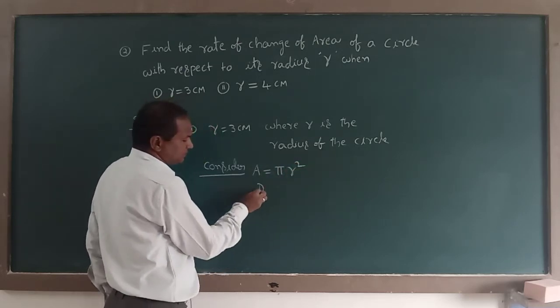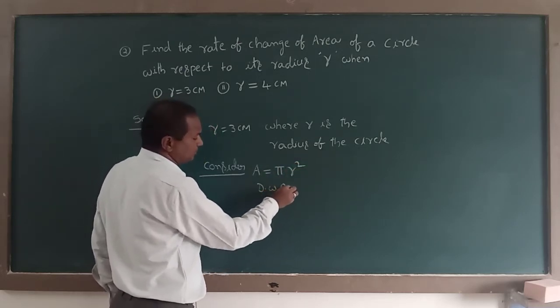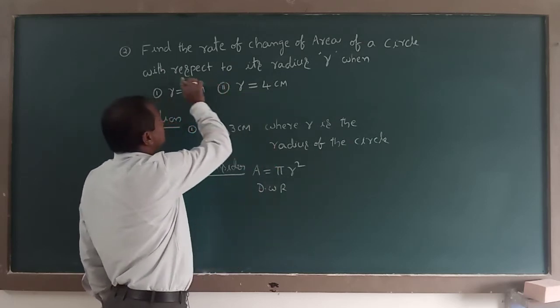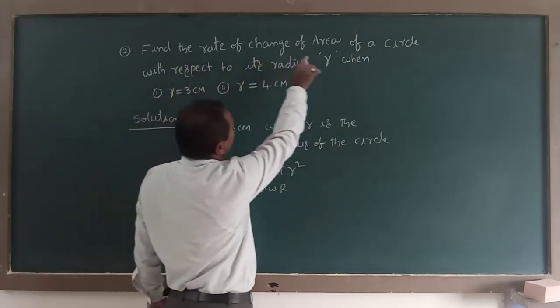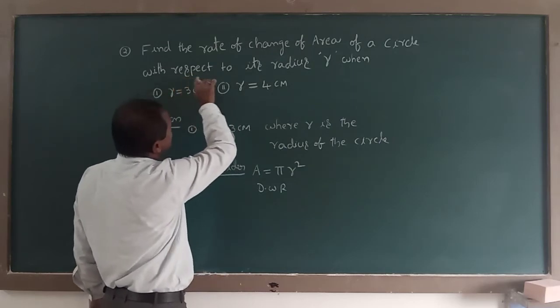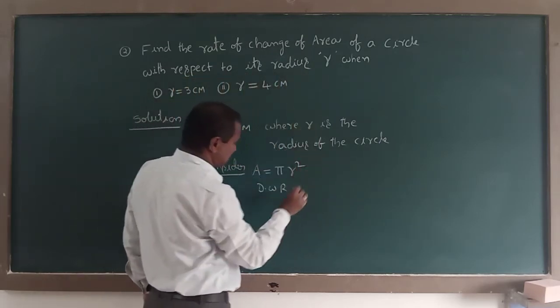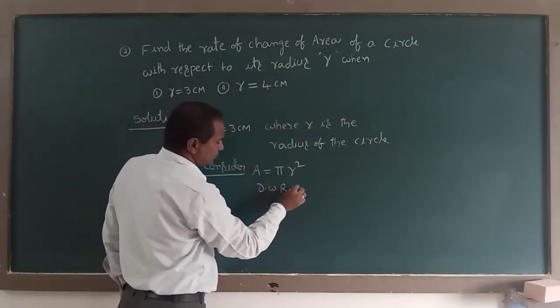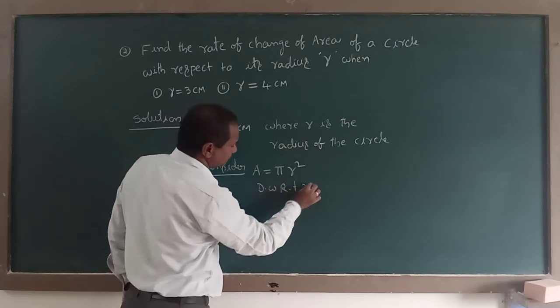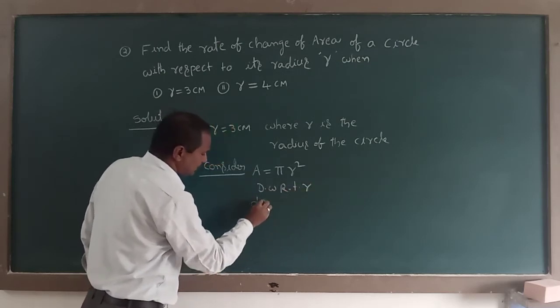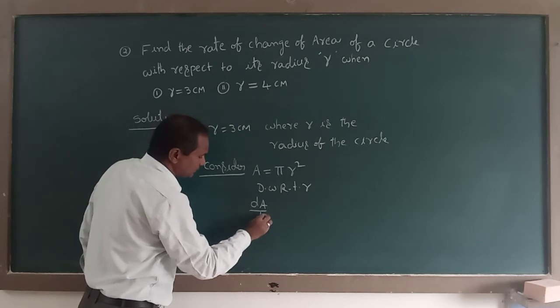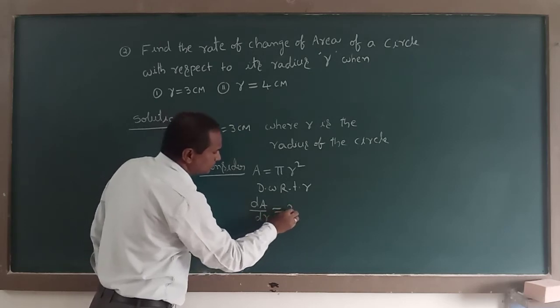Now differentiation with respect to r you must take here, not with respect to x, because they are asking the rate of change of area of circle with respect to its radius. That's why here also, differentiation with respect to r, that is dA by dr is equal to 2πr.